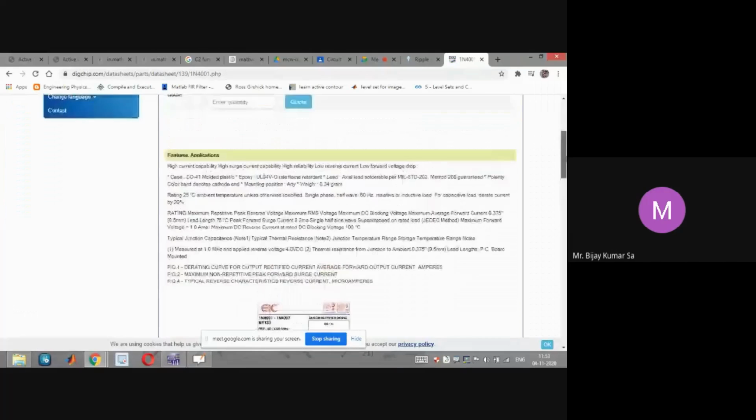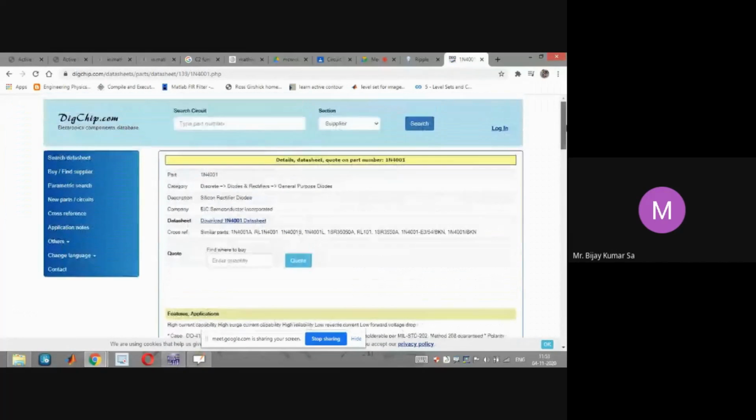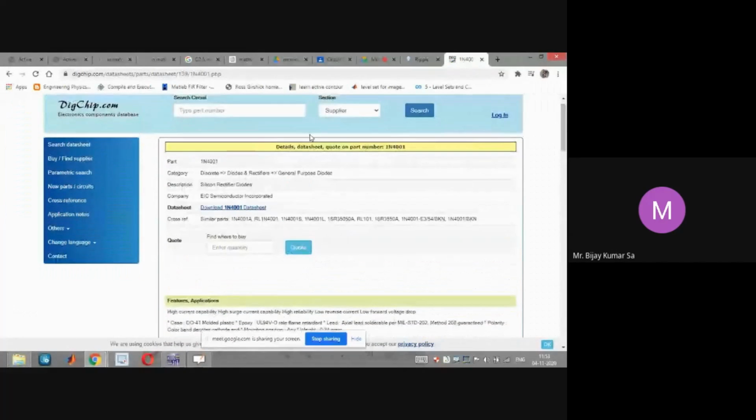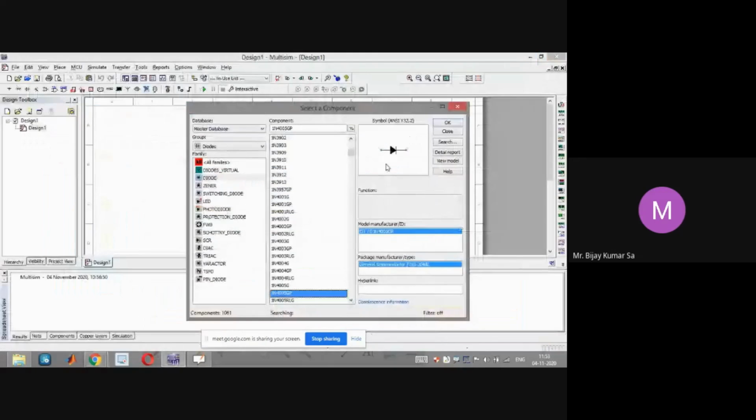This is a typical specification sheet of a diode, which is 1N4001. This is how a specification sheet looks. This one is the specification sheet of 1N4001 to 1N4007. We'll see whether 1N4001 is available in our library or not.